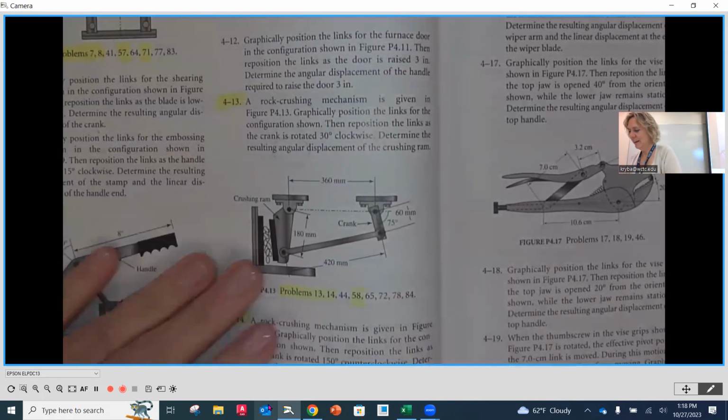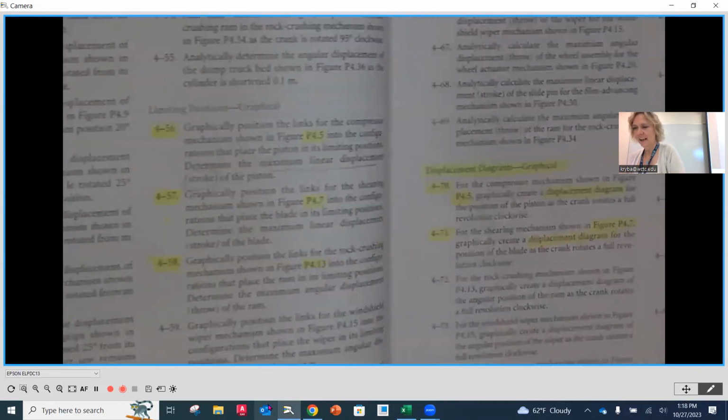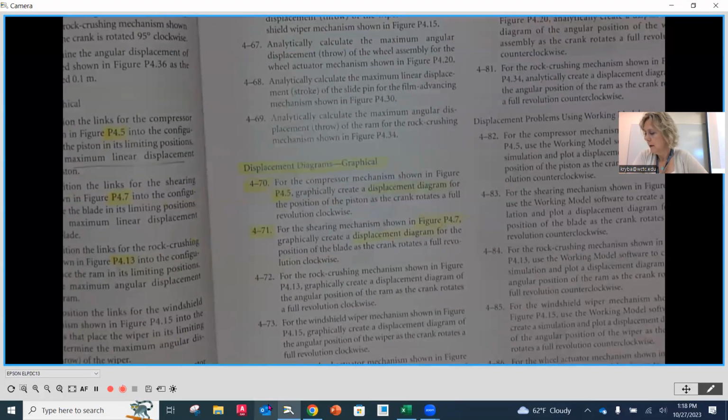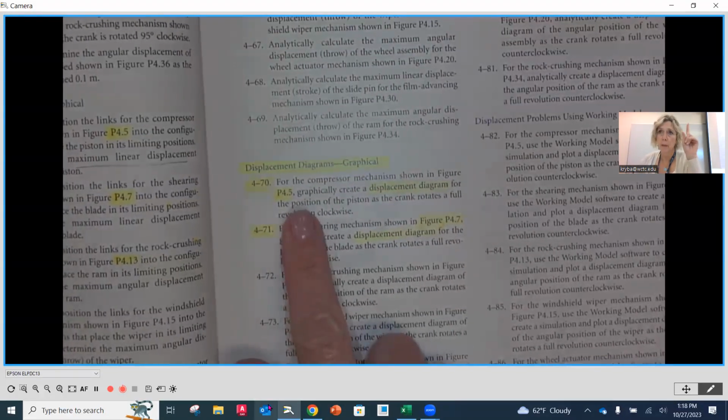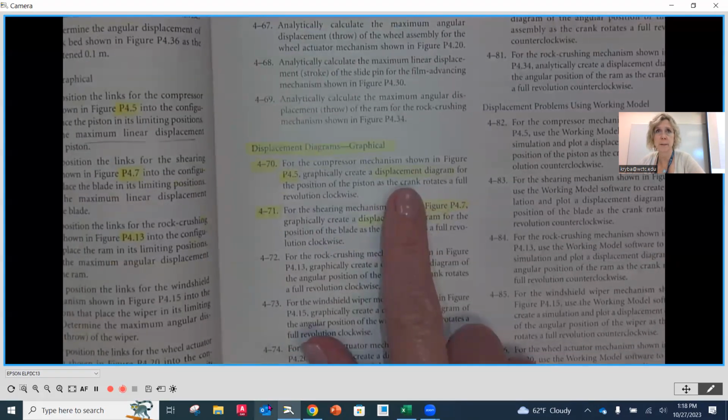Okay. So when we have those done, you've got 2 more problems to do. And the last 2 are going to be displacement diagrams. The first one is going back to the first piston problem, the inline piston problem. And what you're going to do is create a displacement diagram.